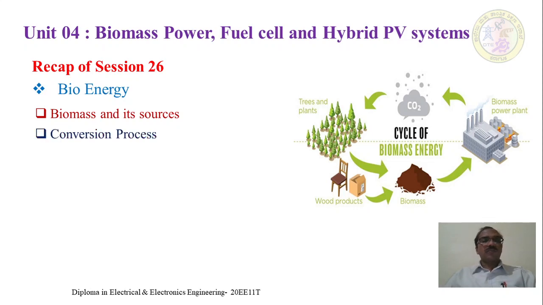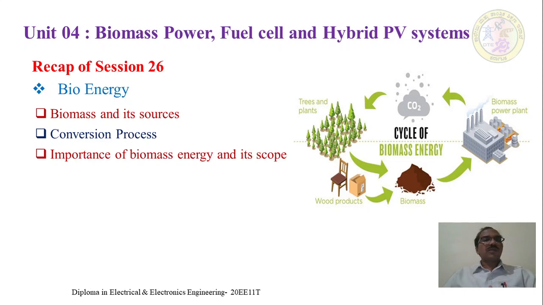And under conversion process, we discussed different types of conversion processes, how these biomass sources can be converted into different energy sources of electrical energy. Either it may be a physical process, incineration, or fermentation. These processes we have discussed in the previous class.